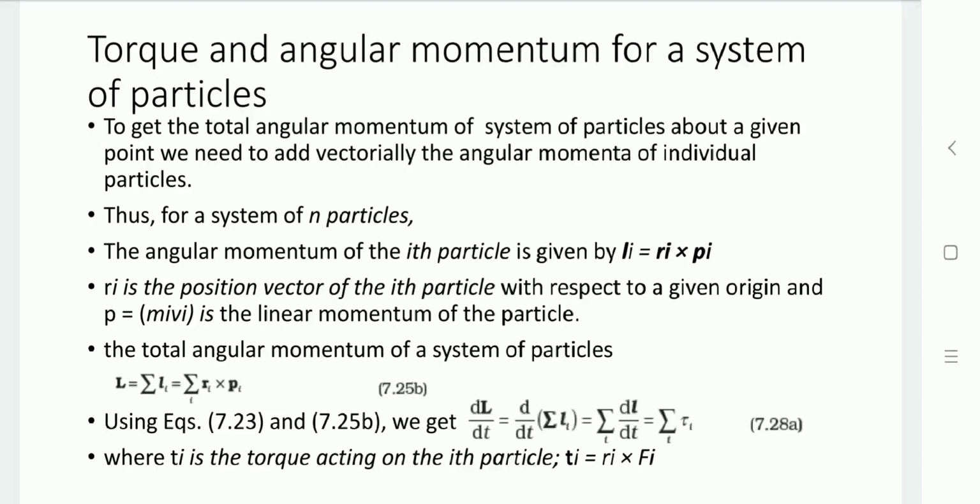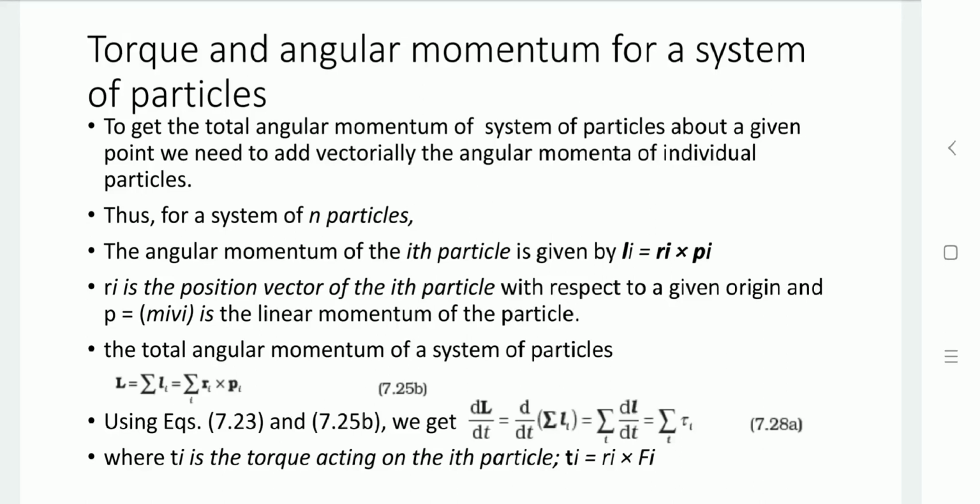For the ith particle, Li equal to Ri cross Pi, and P equals Mi Vi. So capital L, the total angular momentum of the system of particles, is the summation of Li, equal to the summation of Ri cross Pi for the different values i from 1 to n.